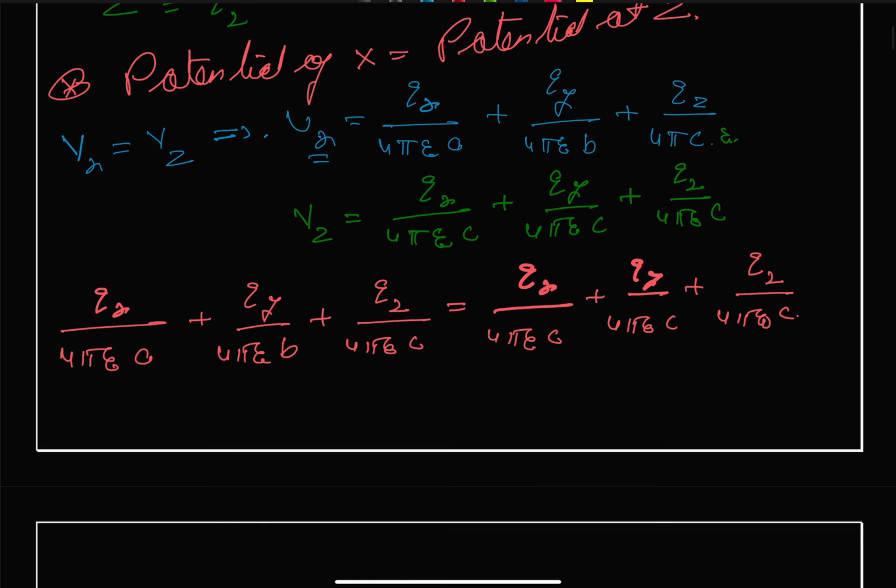So we can write this as sigma 4 pi a square divided by 4 pi epsilon naught multiplied by a, plus sigma 4 pi b square divided by 4 pi epsilon naught b, plus sigma 4 pi c square divided by 4 pi epsilon naught c.